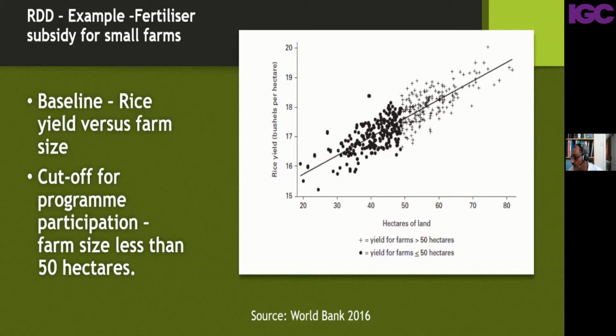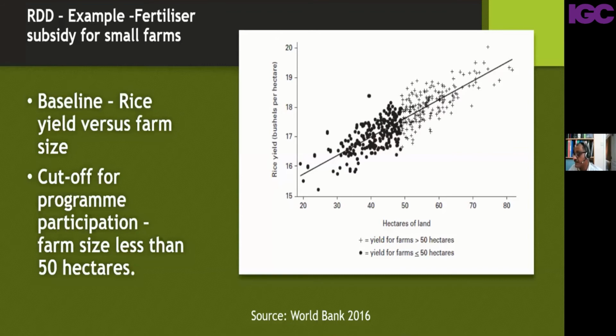Of course, this is a World Bank example, and I realize that 50 hectares will not be a small farm in India, but let us take that for the purposes of the example. So the cutoff for the program participation is farm size less than 50 hectares. That is, if your land holding is less than 50 hectares, you will participate in the subsidy program. If your land holding is greater than 50 hectares, then you are ineligible to participate in the program.